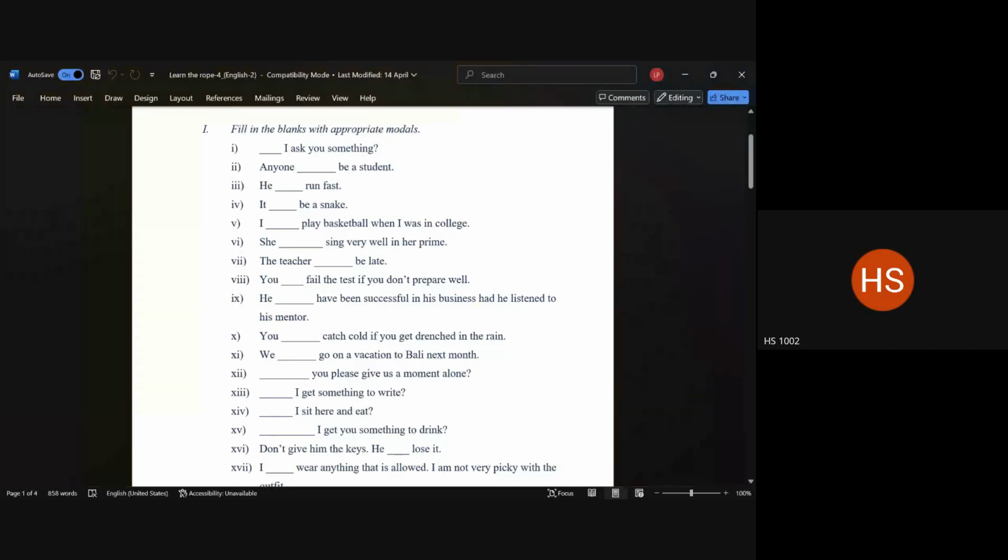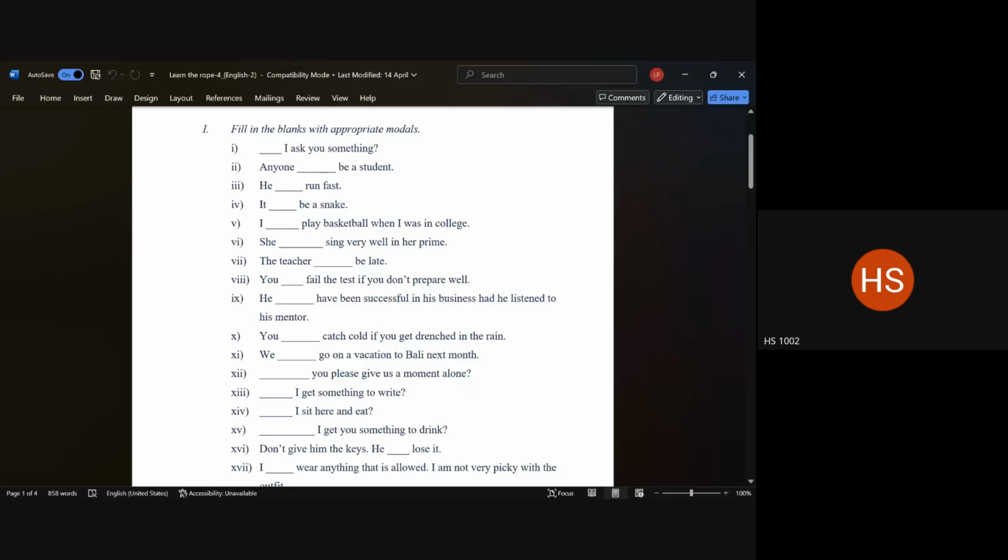Okay, which means intention. What you could also read it as is a promise. So mostly there are three interpretations of will when used as a modal verb: intention, promise, and the third is threat.